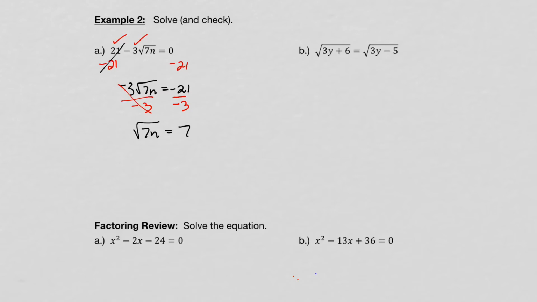Okay, so this is 2 steps to isolate the radical. Now that the radical is isolated, or in other words, all by itself, now we can raise both sides to the second power. Eliminating the radical, we get 49, and solving for n. So we get n equals 7, but we need to check it to make sure it works.